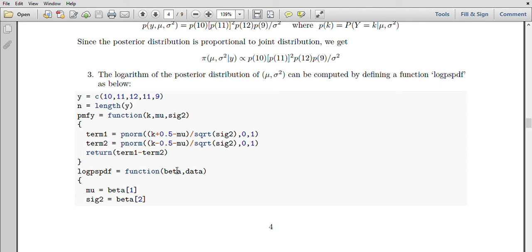Why do we need the beta argument? The beta argument covers the values of parameters, and the data argument covers the data on whose basis the posterior distribution is to be computed. Suppose mu is the first element in this vector beta, that is the vector of parameters, and sigma 2, that is sigma square, is the second element of the vector of parameters.